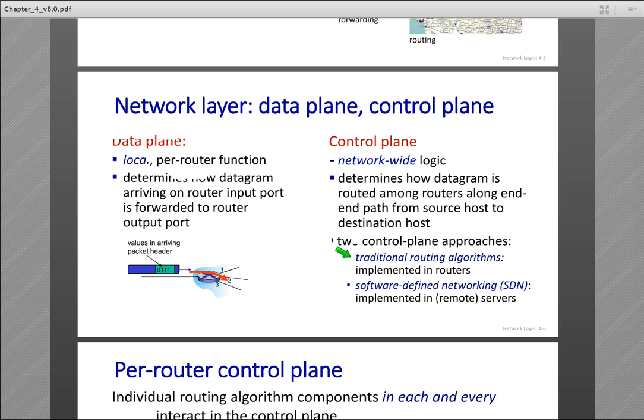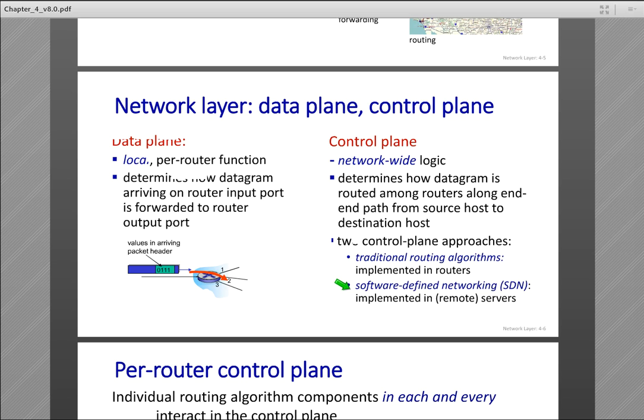Simply, we can use traditional routing algorithms, for example OSPF, RIP, EIGRP, IS-IS. There are several routing algorithms in network nodes, and we can use them. But to date, we can use software-defined networking, or SDN. I told you, this is the future of computer networks.